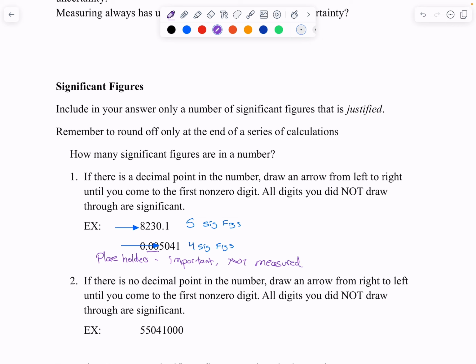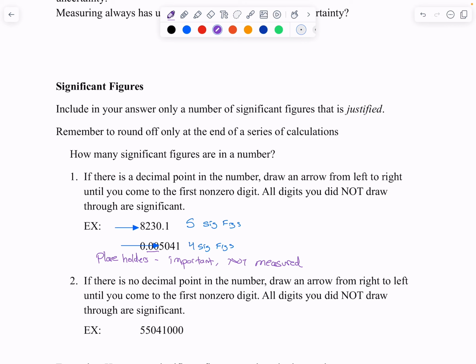Think about if you took a 5 milligram allergy pill, or 5 milligram baby aspirin. So it's 5.041 milligrams. You have nothing else on the scale. There's nothing else on the balance, so you didn't measure anything there. But it's very important that you take 5 milligrams of baby aspirin, not 5 grams of aspirin. That's a big difference. So the placeholders are very important, but they're not measured.